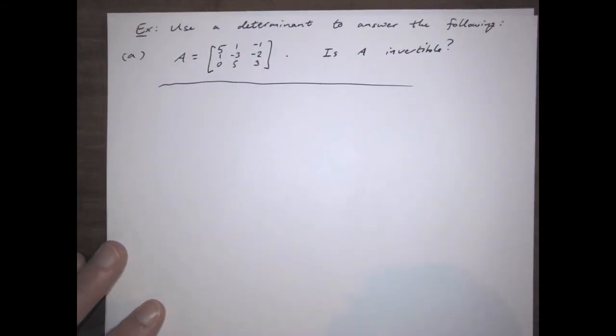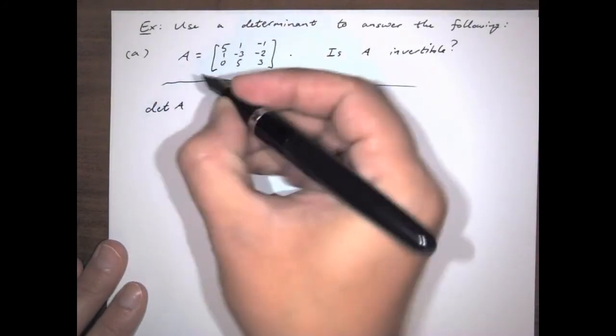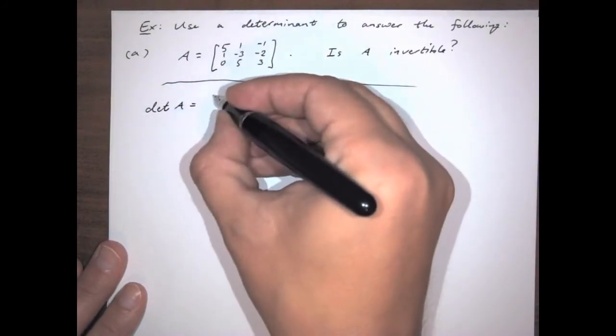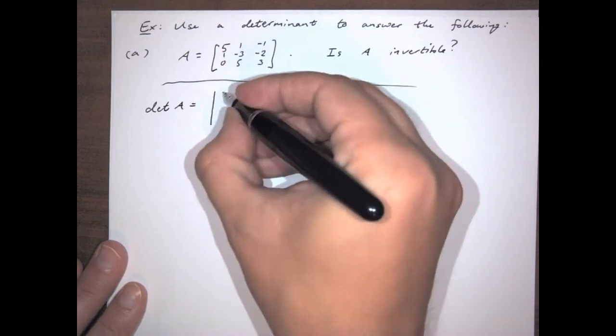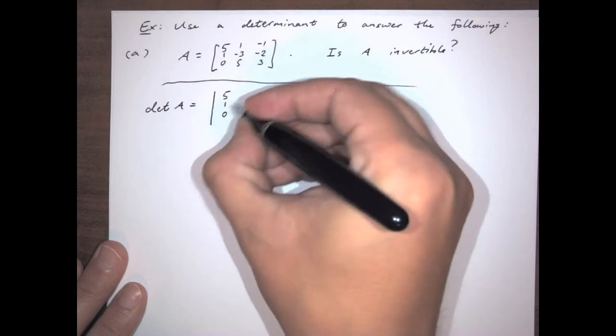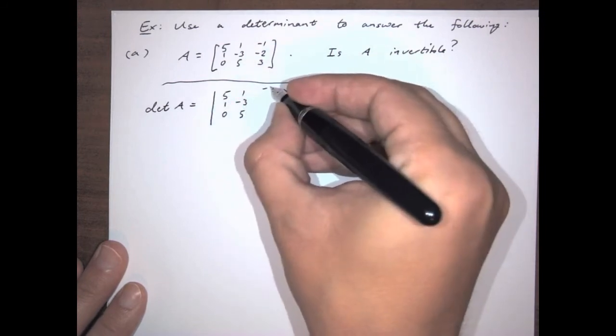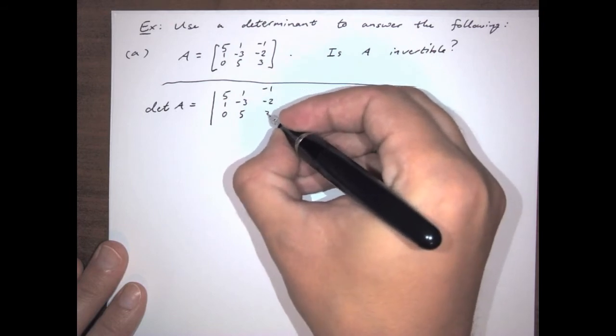Well, it says use a determinant, so we have to find the determinant. So let's get calculating. Cofactor expansion will be our technique here. So the matrix is 5, 1, 0, 1, negative 3, 5, negative 1, negative 2, 3.